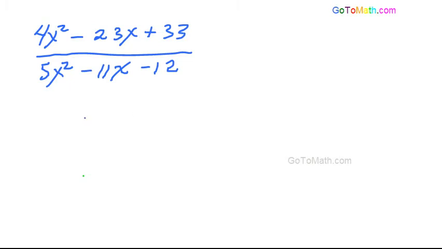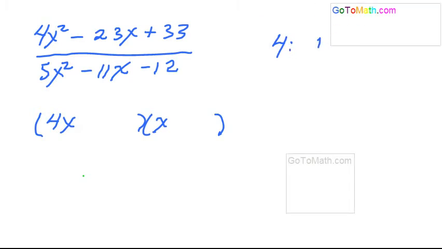So we're going to take a look at the top here, and I'm going to start with a 4x and see what happens. Remember, 4 can be broken down to 1 and 4, since 1 times 4 is 4, or we could break it up to 2 and 2. We'll start with 4 and 1 here.